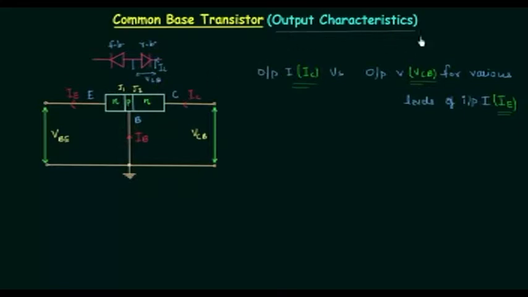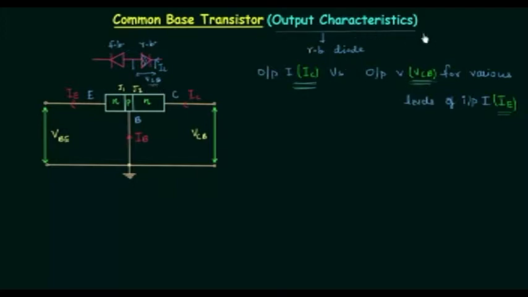So the output characteristics is simply the reverse bias characteristics of a diode. Very simple. You can see this diode is reverse biased. The current is IC, the same current as in the output characteristics, and the voltage across the diode is equal to VCB, the same voltage.